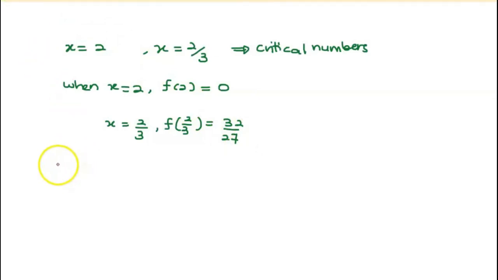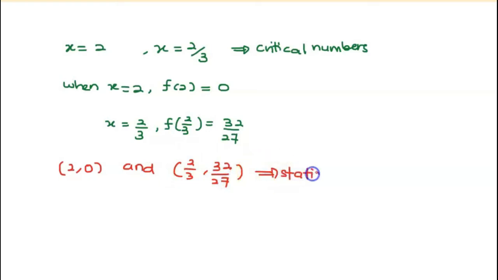From here, matching the values of x and y in coordinate form will give us the coordinates (2, 0) and (2/3, 32/27) as stationary points of this function f(x).